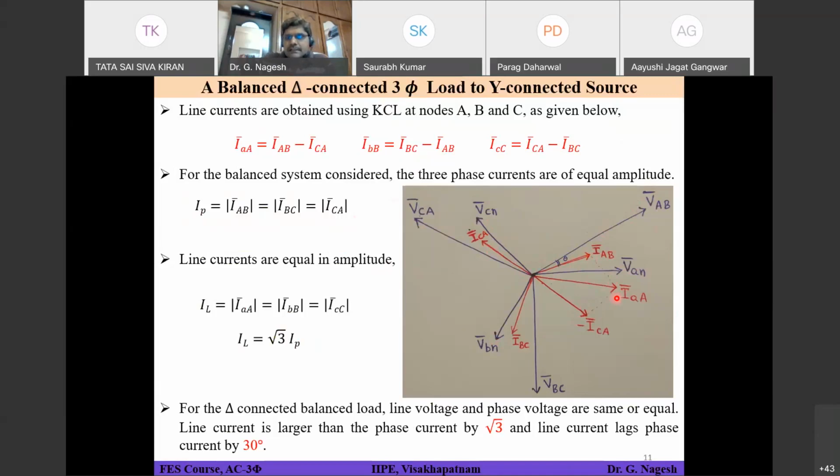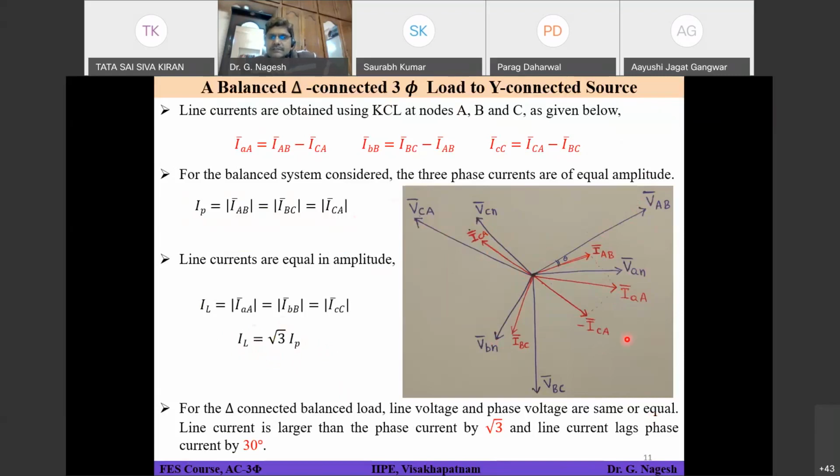So IAA is exactly falling in between those two. So you'll again get √3 times the magnitude compared to your phase current. So that's why line current is √3 times that of the phase current in a delta connected system.